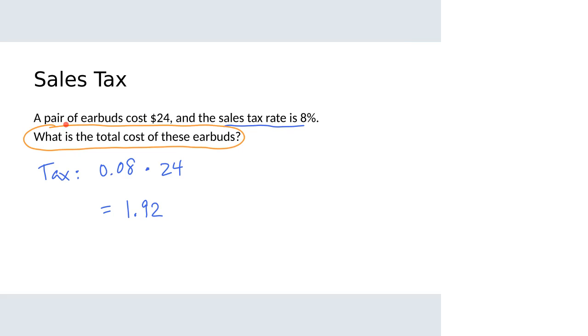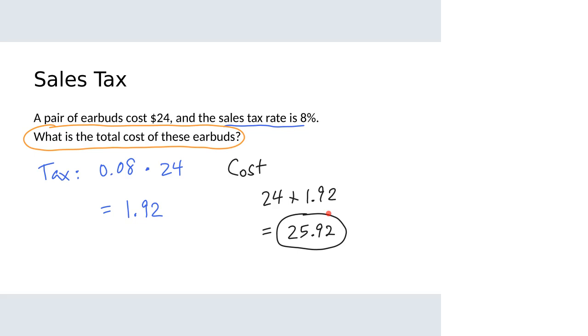We're not done yet. We don't have that. What we just found is how much the tax is going to be. The total cost of the earbuds, though, is going to be the $24 that the earbuds cost, plus the $1.92 in sales tax. So the cost is going to be $25.92, and that's going to be our answer to this question.